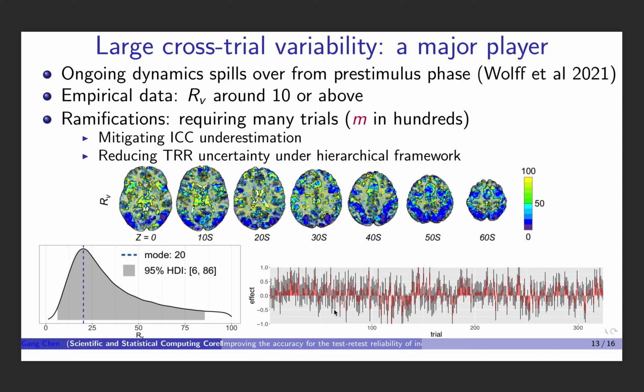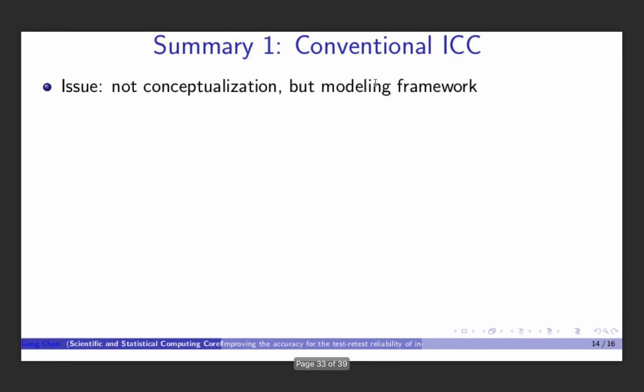You can see there is so much fluctuation from trial to trial, even though there are just 2 types. Oh, actually, this is just one condition, I believe the incongruent condition. Even though it is the same condition, the fluctuations are so large. So this is something fundamental about the brain, as I mentioned earlier, because this recent Wolf paper discusses the reason for such a huge amount of cross-trial variability relative to cross-subject variability.